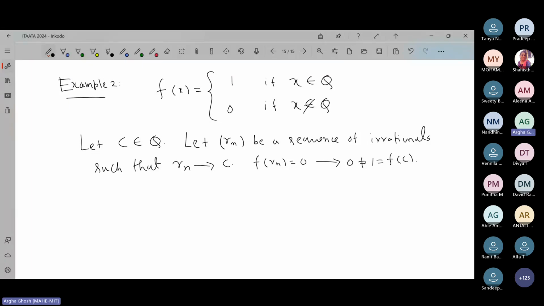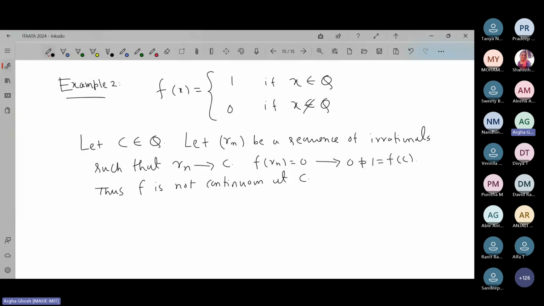So f is not continuous at the point c, and because c was arbitrary, the function is not continuous at any rational point. What about c an irrational number? We consider a sequence of rationals converging to that point, and you will have a similar argument. So this is an example of a function which is nowhere continuous.